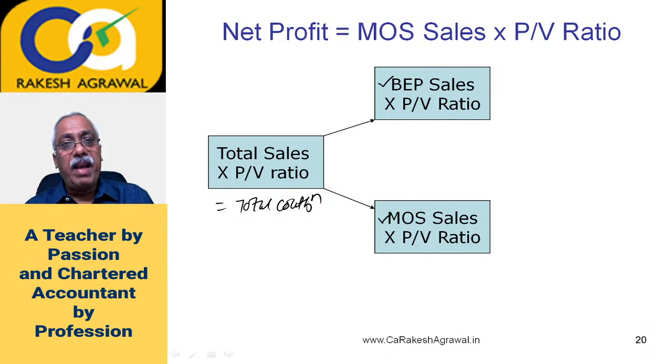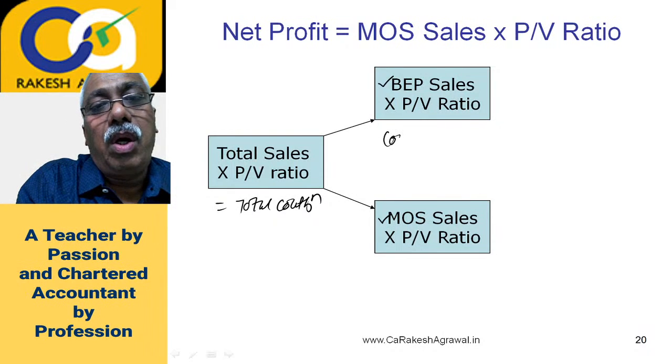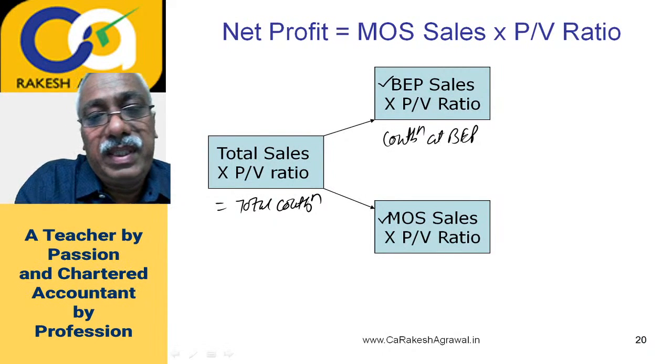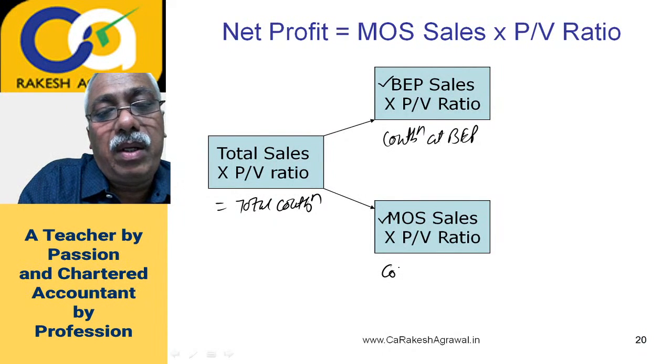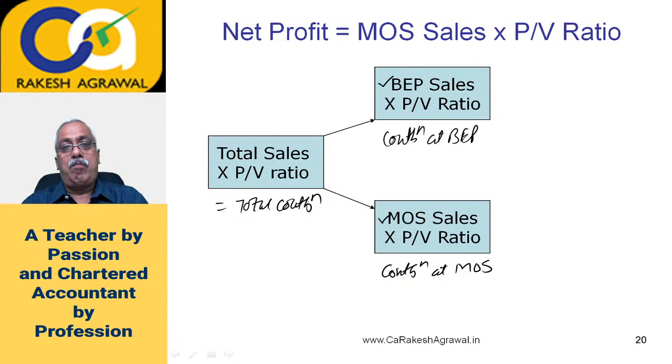I will multiply both of them by PV ratio. So BP sales into PV ratio, I will get contribution at BP, and margin of safety sales into PV ratio, I will get contribution at margin of safety, correct?